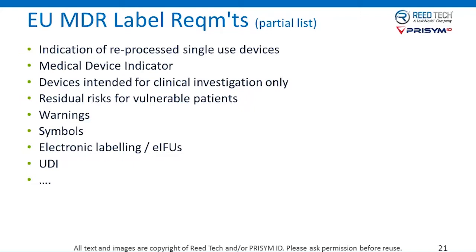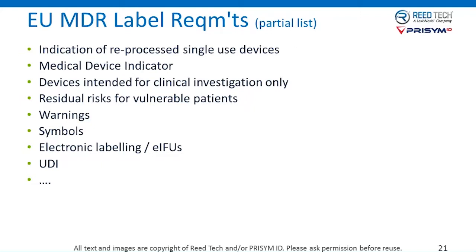But one that's quite interesting and worth pointing out is under the electronic labeling, or the eIFUs area. There's also a requirement now that if the manufacturer has a website, then the information about the device itself needs to be made available on that website and, importantly, kept up to date. So if there are changes to the device, you have to keep your websites up to date as well.